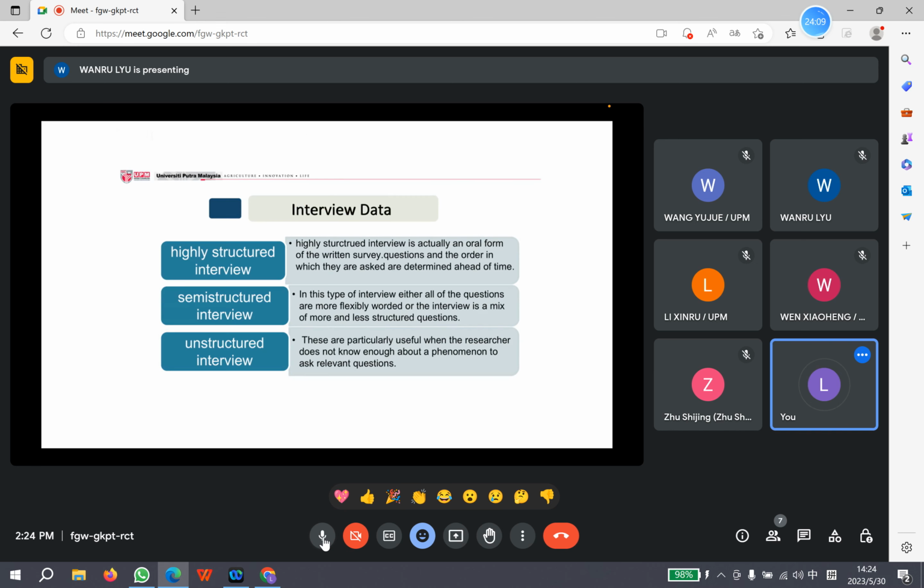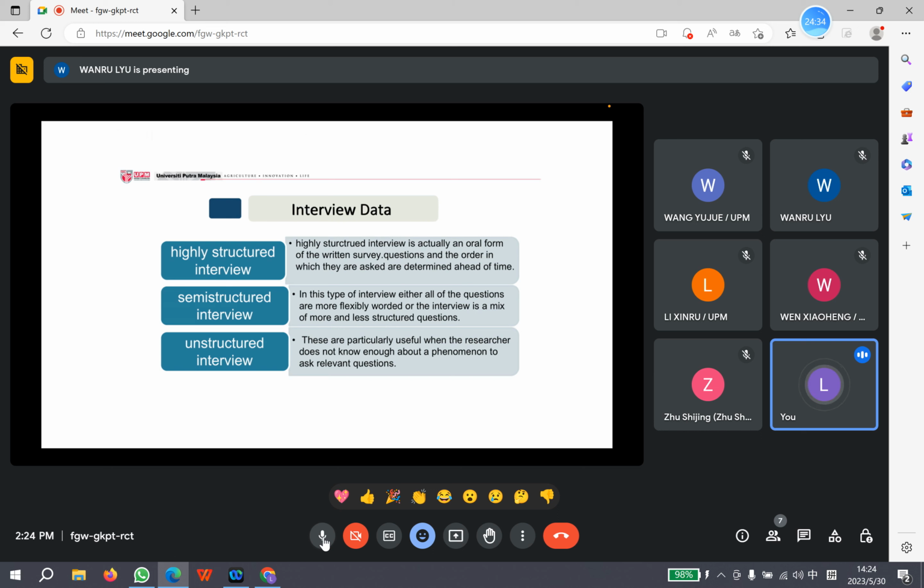Next slide. Now, according to structure, we can divide interview data into 3 types. Number 1 is the highly structured interview. That means it is actually an oral form of a written survey. Questions and the order in which they are asked are determined ahead of time. And number 2 is the semi-structured interview.